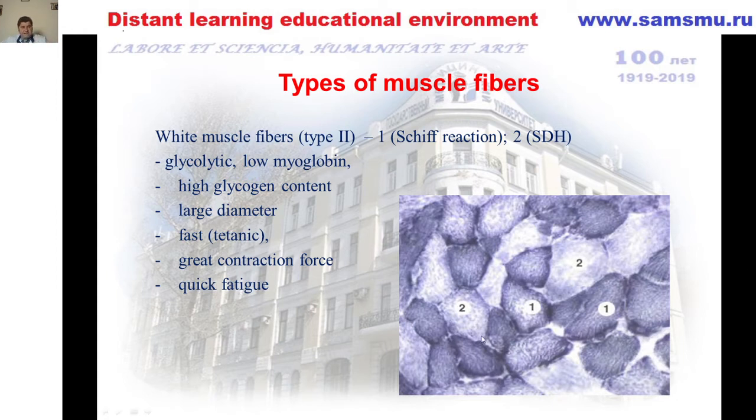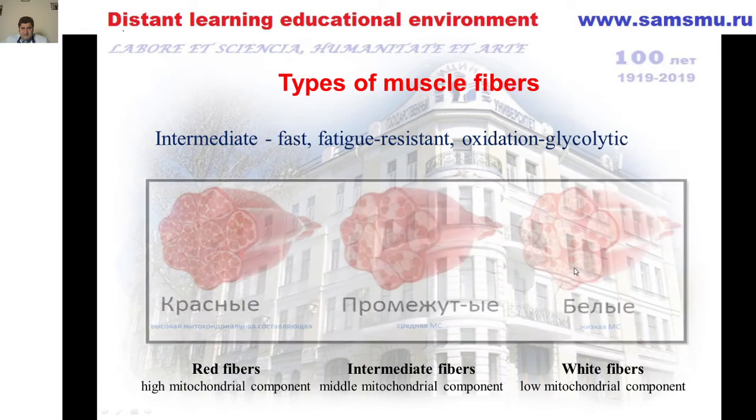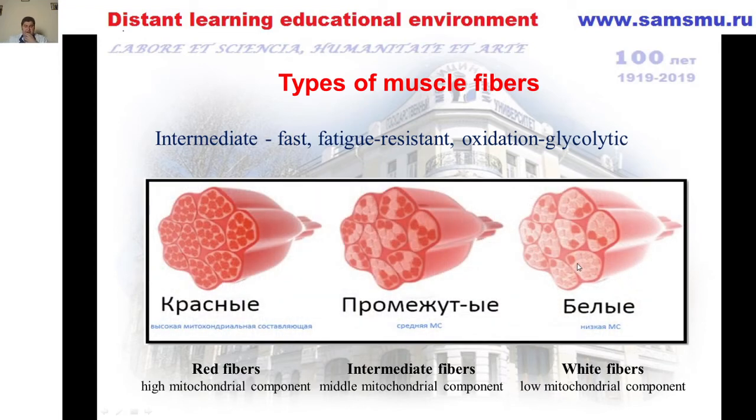You may see these fibers in letter 2. So next, type 2A fibers: intermediate, fast, fatigue resistant, oxidative, glycolytic. These are the intermediate fibers between red and white.